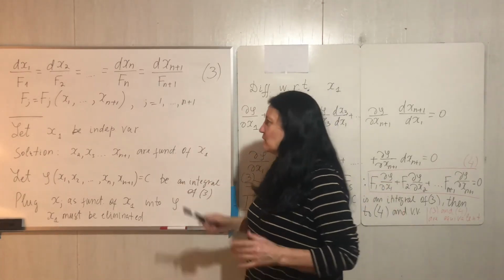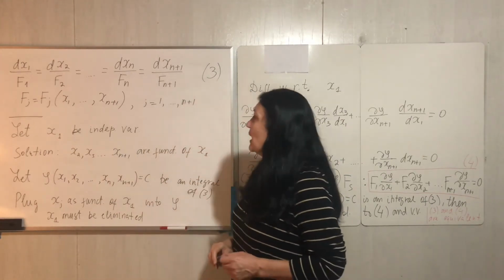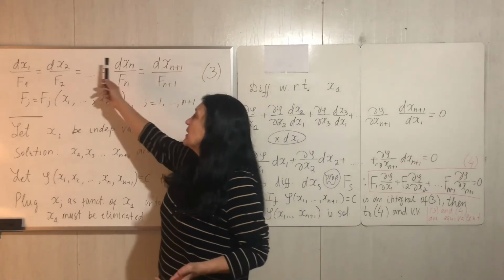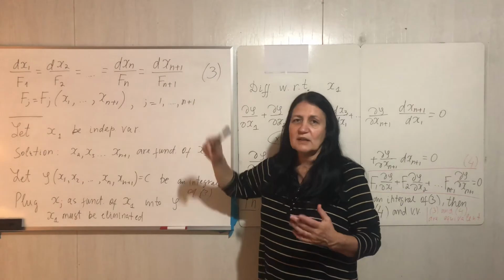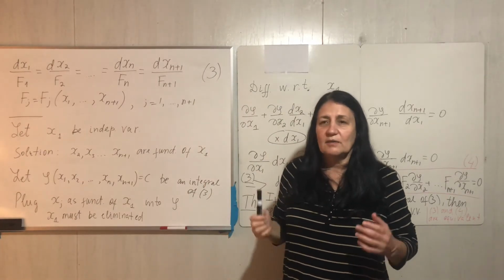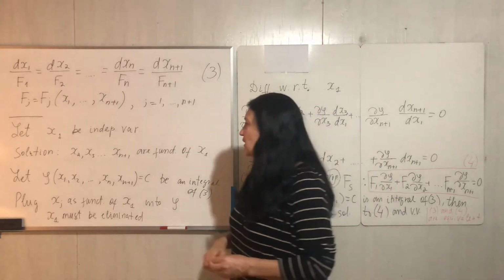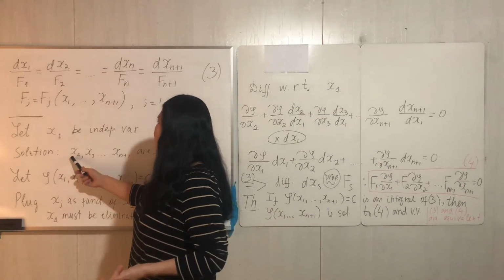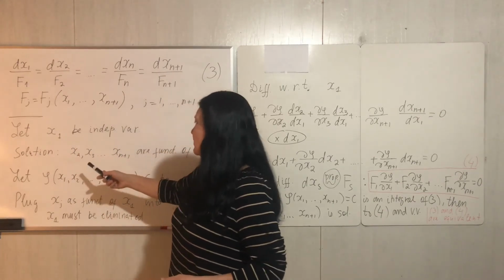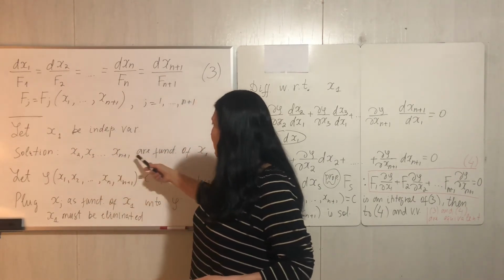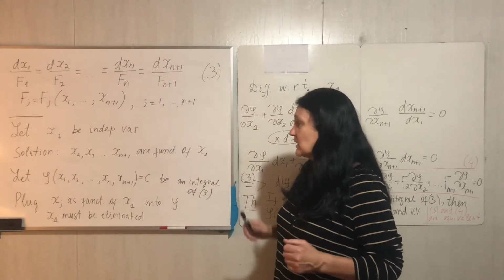It doesn't matter which one, but for definiteness, let's assume that x1 is independent. And then it means that x2, x3, up to xn+1, if we found the solution, are functions of x1, right? So x2 is a function of x1, x3 is a function of x1, and xn+1 is a function of x1, we have a solution.